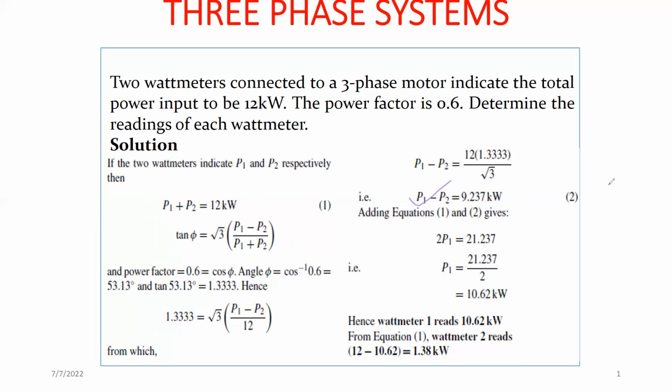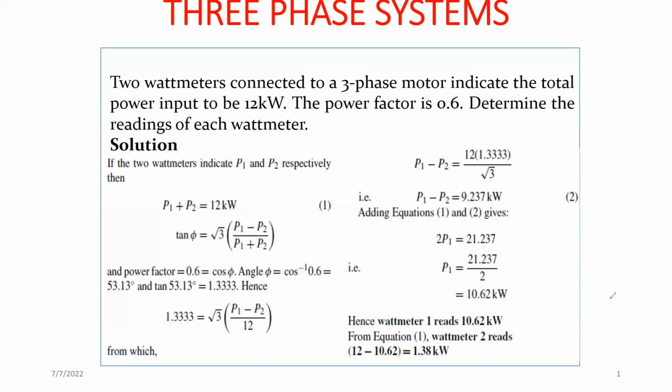So when you add equations 1 and 2, equation 1 was P1 plus P2, which is equal to 12, and P1 minus P2 is equal to 9.237 kilowatts.